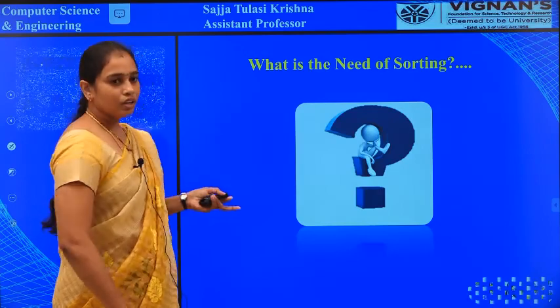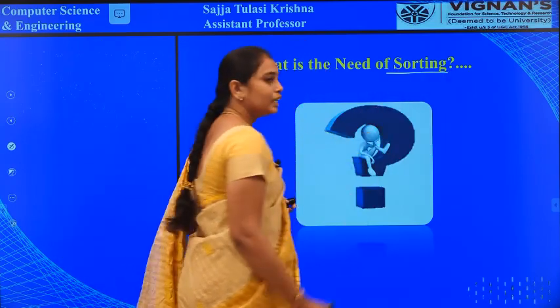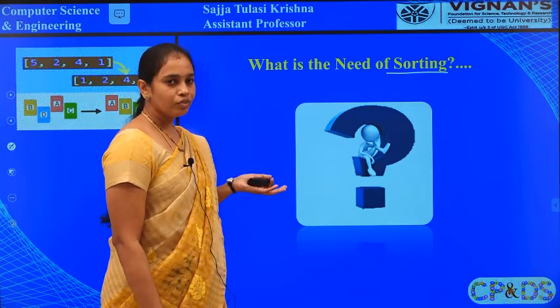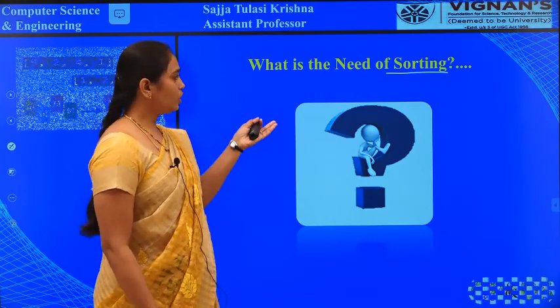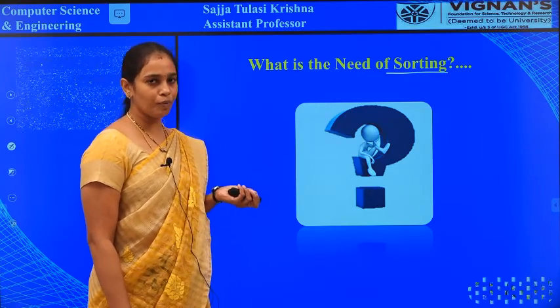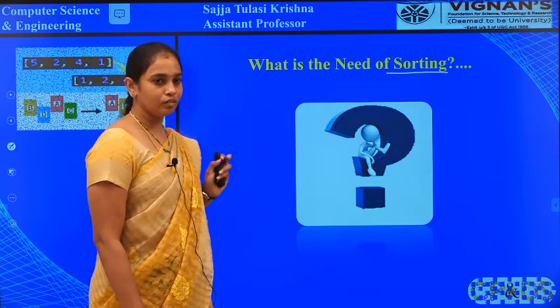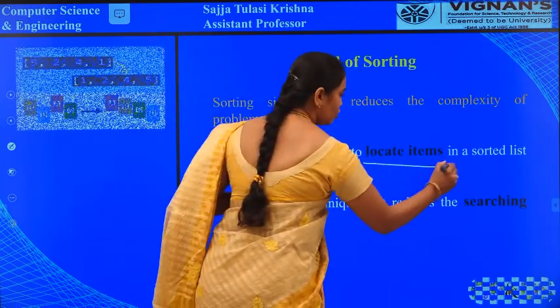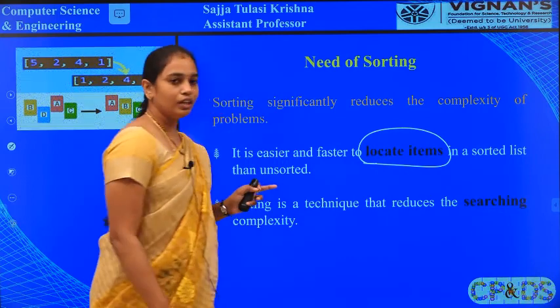Now we need to sort these unordered lists. How can we sort? First, let me explain the need for sorting. Why are we doing this sorting operation on the data? So that you can locate the items easily.